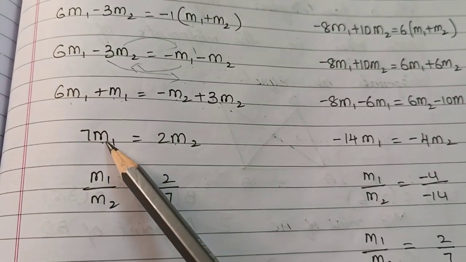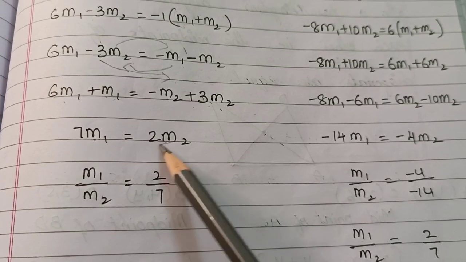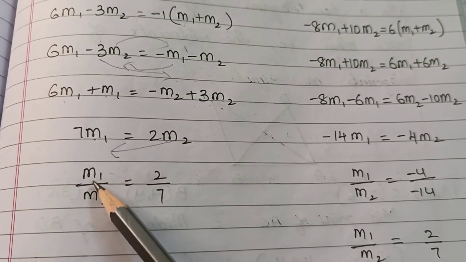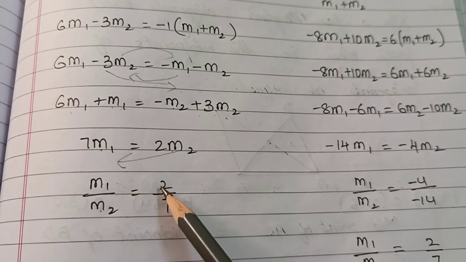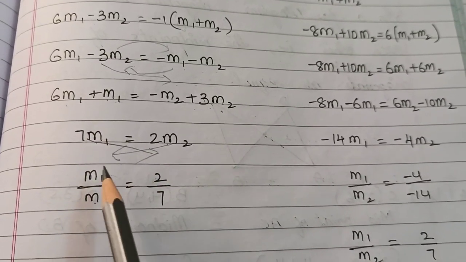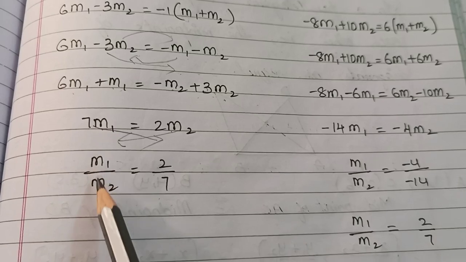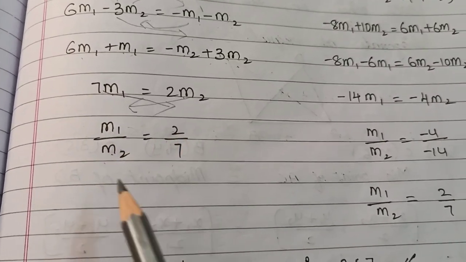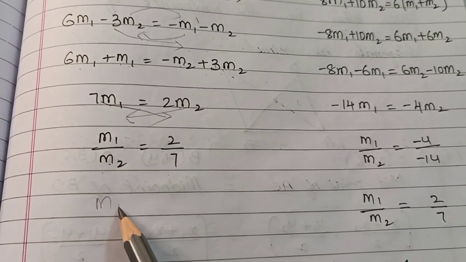We want m1 by m2, so take this m2 in the denominator, it will become m1 by m2 equals 2, and this 7 will go here, cross multiplication. So m1 by m2 is nothing but 2 by 7, that is, m1 is to m2 is 2 is to 7.